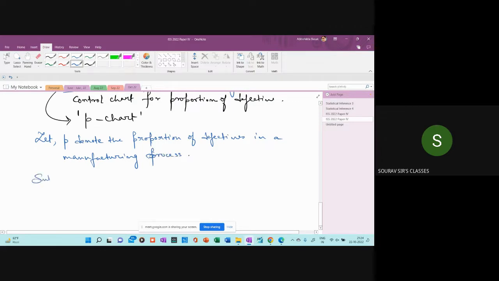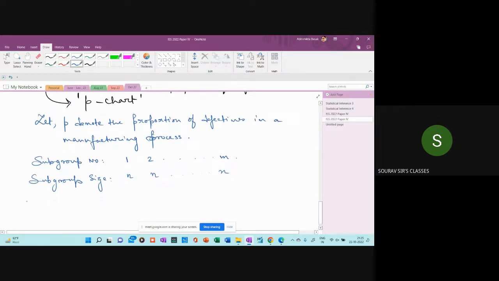Now we will go for the chart, that is the subgroup number. We have m subgroups. We are taking all equal subgroup sizes, and the subgroup size is n.